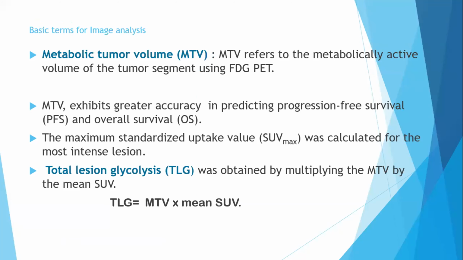Metabolic tumor volume is very important. It refers to the metabolically active volume of the tumor segmented using FDG PET, and it gives greater accuracy in predicting progression-free survival and overall survival. Total lesion glycolysis is calculated by MTV multiplied by mean SUV.